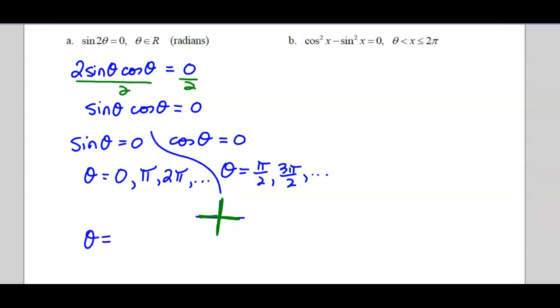Theta equals multiples of pi over 2. Much easier than going multiples of pi, and pi over 2 plus multiples of pi separately. It simplifies to this.